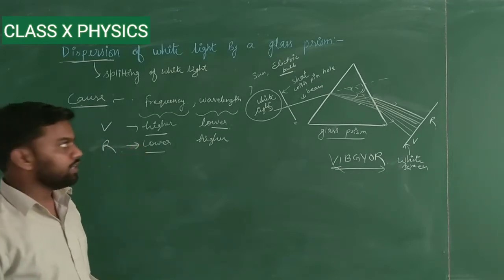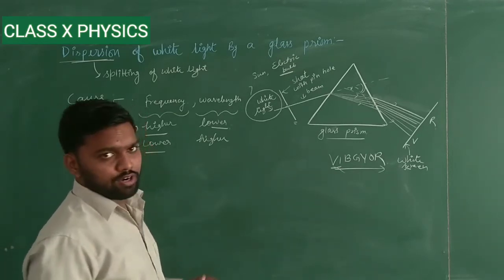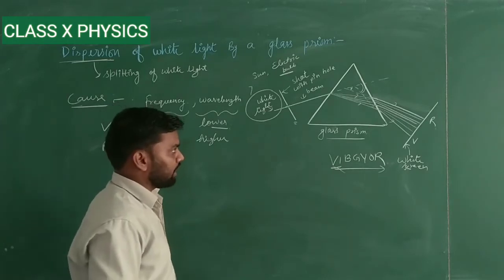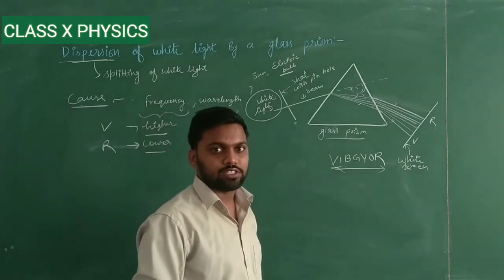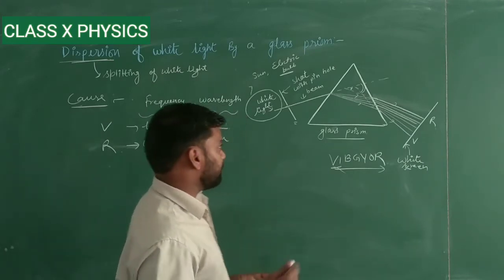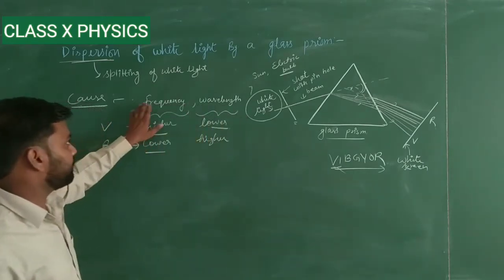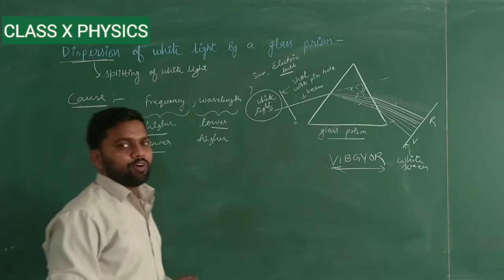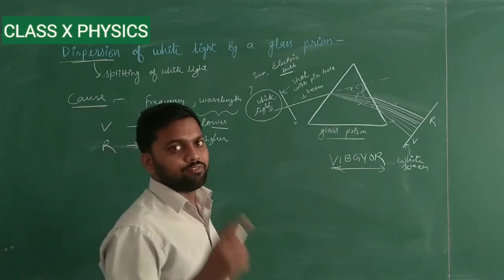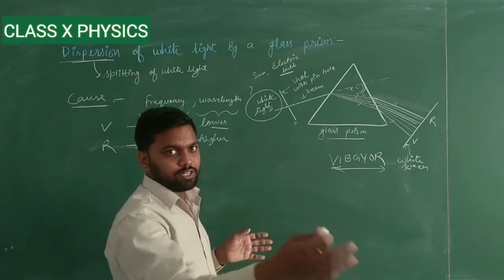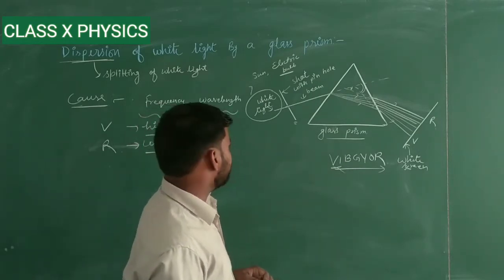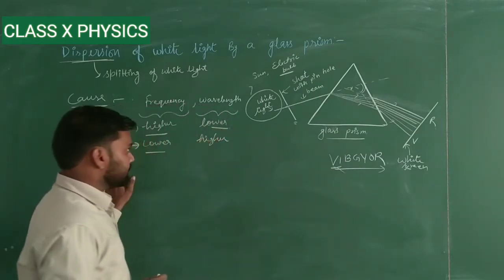We have already seen in the previous class of 9 that there are wavelength and frequencies we have read. The similar terms we also use here. Frequency is the number of oscillations made by a particle in 1 second, and wavelength is generally the distance between two crests or troughs. So here it is also the same thing.